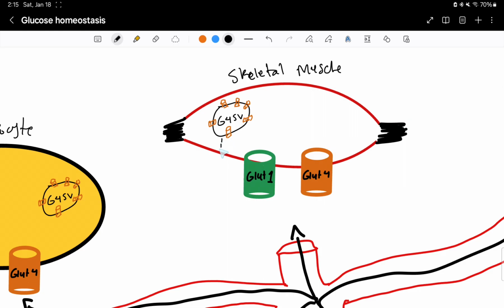And it has to somehow make its way into the membrane where all of those GLUT4 can then be placed onto the membrane. You know what actually stimulates that process? Insulin. Insulin comes and binds to its receptor on the skeletal muscle and says, hey, GLUT4 storage vesicle, it's time for you to come to the membrane because I want you to start absorbing glucose.